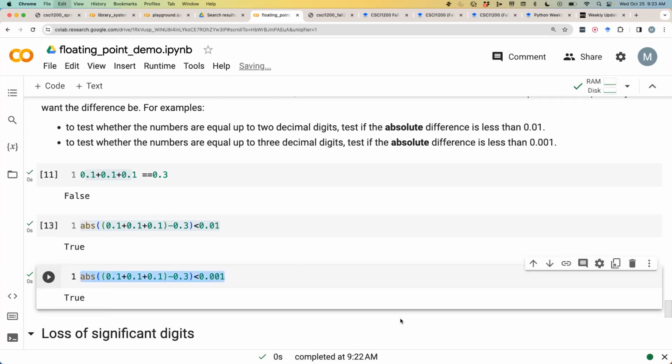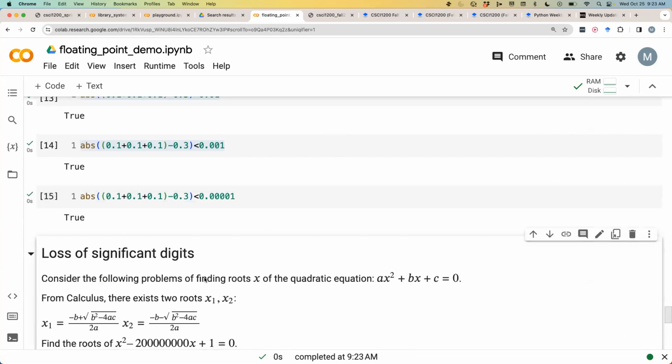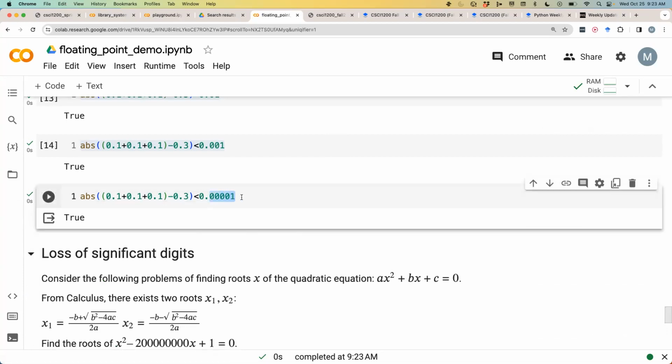So if you say your system can only tolerate errors up to, say, 5 decimal points, 1, 2, 3, 4, 5, then you need to decrease this epsilon value to be smaller. In this case, this is still true up to 5 decimal points. So it depends on your system.